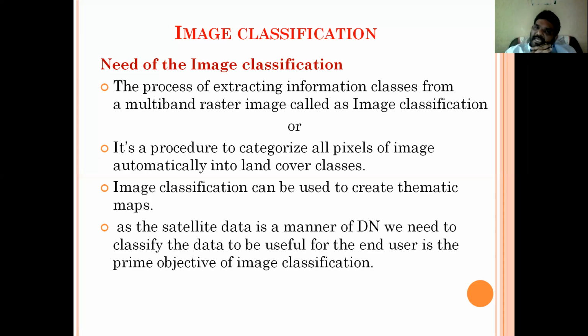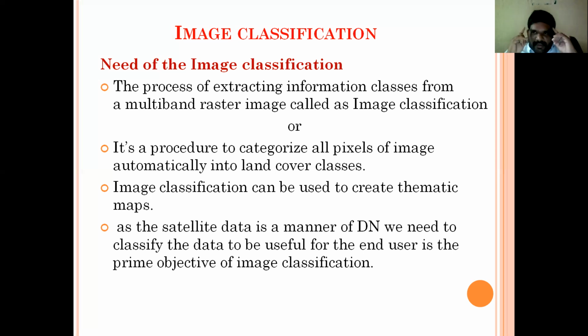It's a procedure to categorize all pixels of an image automatically into land cover classes. Land cover in the sense, whatever covers the land. If it is water, that is the water class. If it is vegetation, it comes under the class of vegetation, like that.